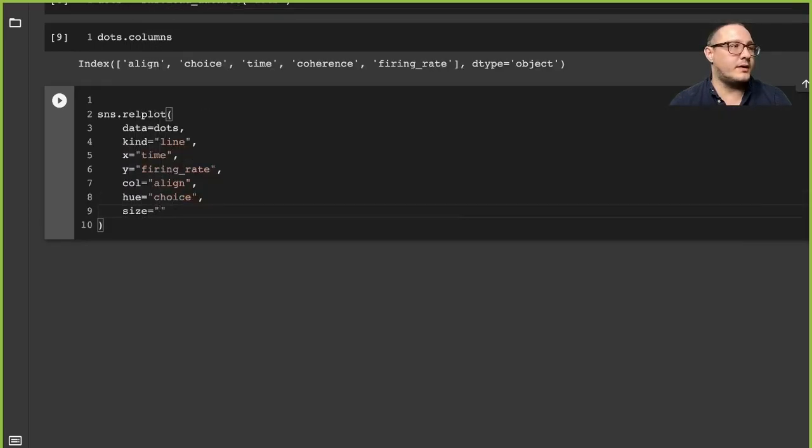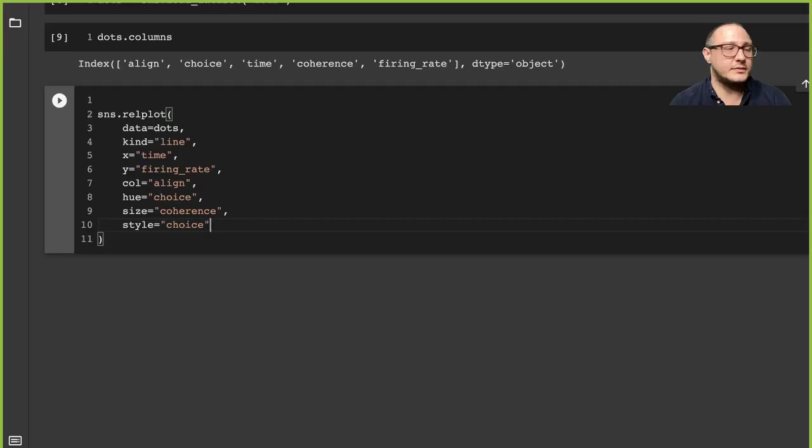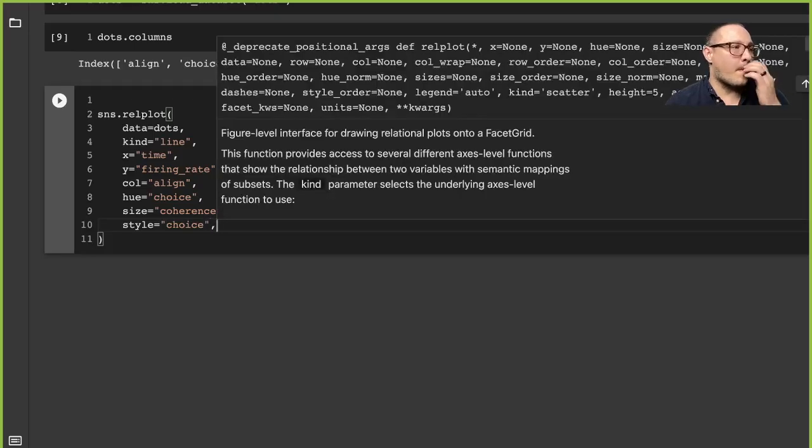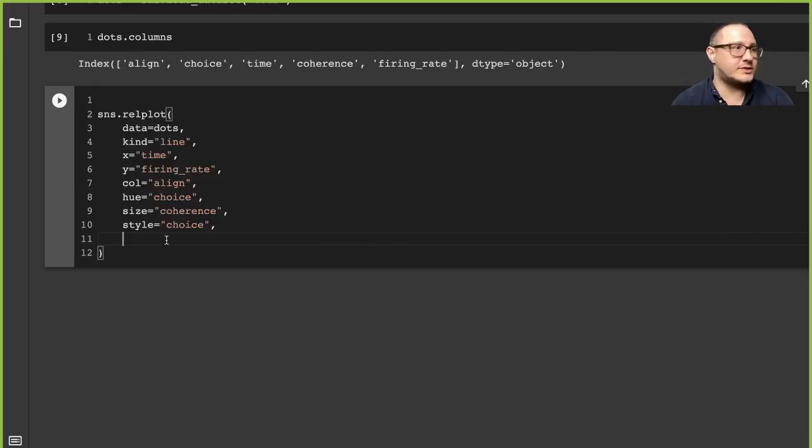Size is going to be coherence. Style is also going to be choice. Now, this is a little bit of a more advanced topic, but I think it's essential for you guys to know.